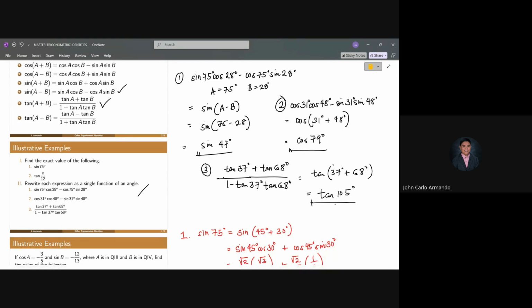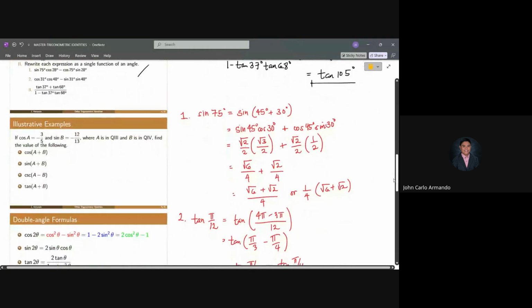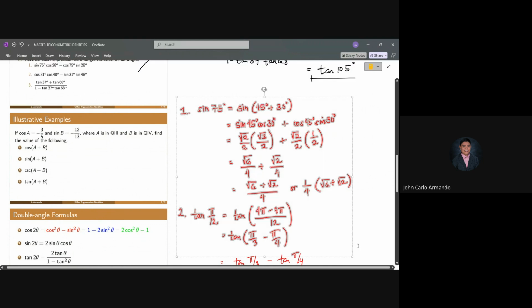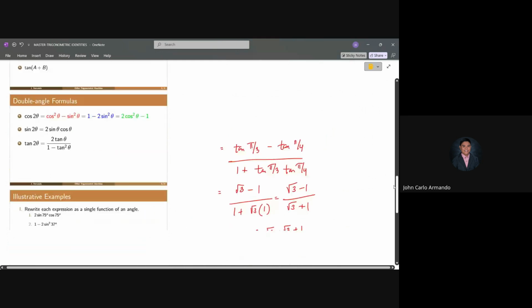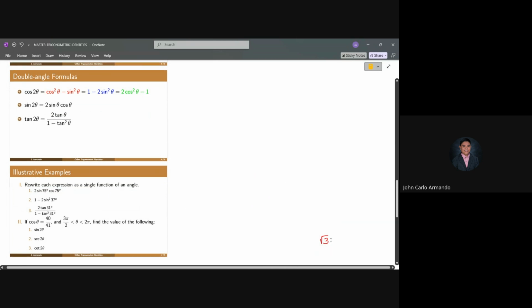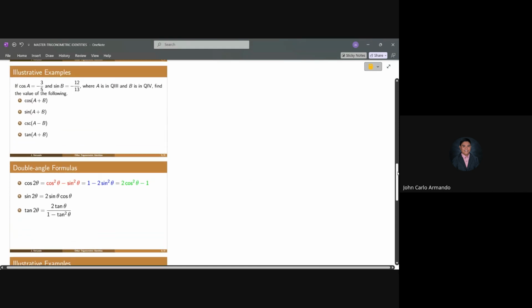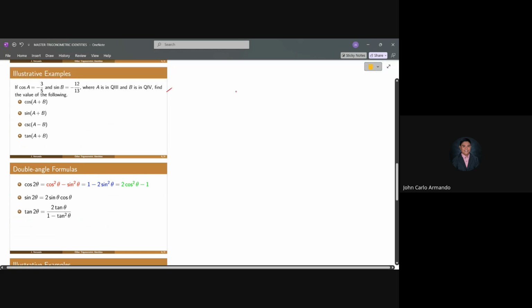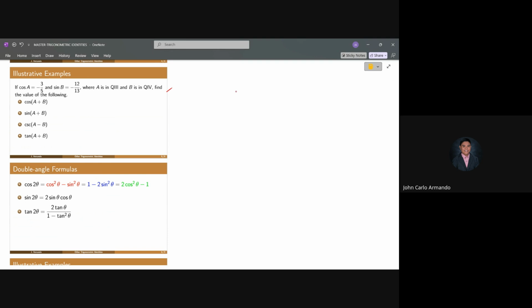Question up to this point? Okay, so we go now to a little bit more difficult example. If cosine A is negative 3 fifths and sine B is negative 12 over 13, where A is in quadrant 3 and B is in quadrant 4, find the value of the following.